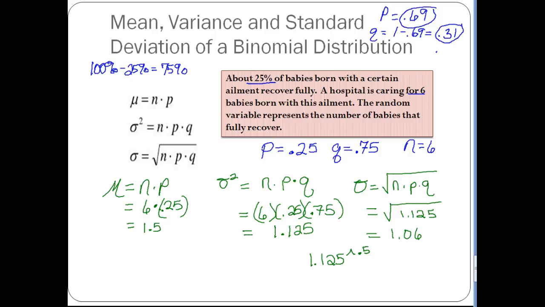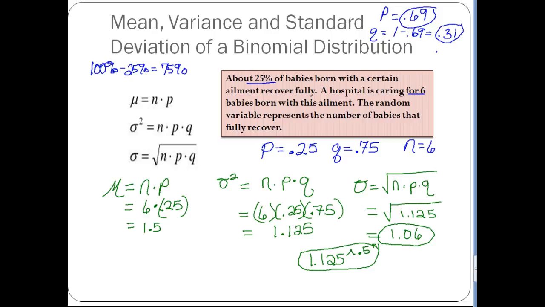So if you raise 1.125 to the 1/2 power, you will also get 1.06. So that's just a little mathematical sorcery that you can do to get the same thing. Or you can just use your square root key if you are very comfortable and know where that is. But some people have a hard time finding that if you're using one of those big graphing calculators. You have to go through several layers of keys to get there. So anyway, that's a little trick that I'm just sharing with you.